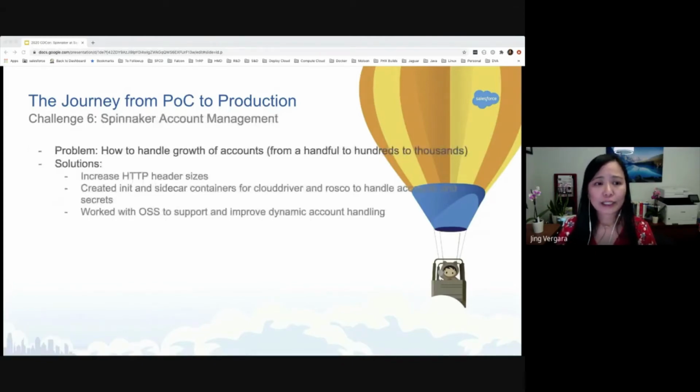And the sixth challenge that we have is around Spinnaker account management. At Salesforce, we had a tremendous growth of accounts as teams from one group to another started onboarding onto our system. Initially we only had a handful, and then in the tens, and then in the hundreds, and eventually into thousands.